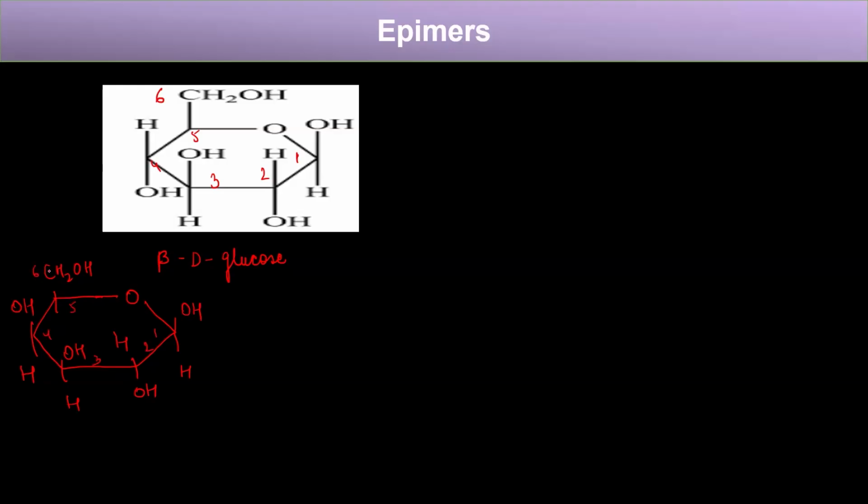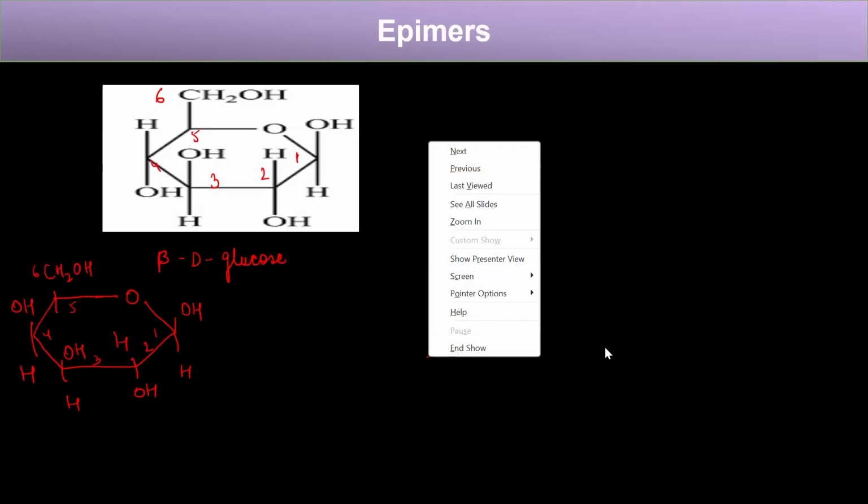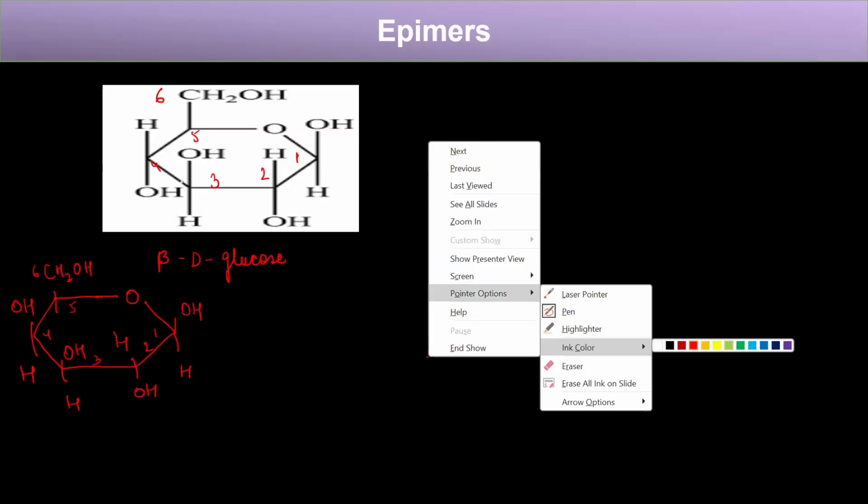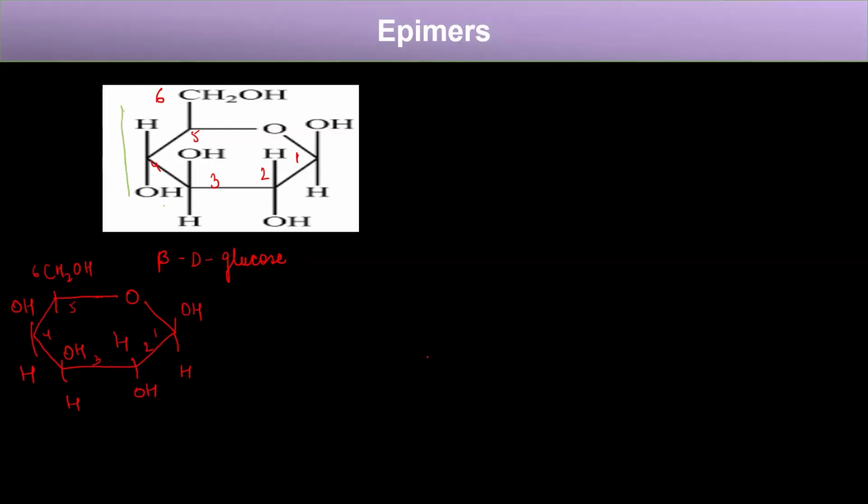If you look at the structure of glucose and this structure, what difference can we observe? The difference is at one point, right? So the structural difference is at this position. In this case, the orientation, and in this case, what is the orientation? So this is the fourth position, right? And this structure is known as beta D galactose.